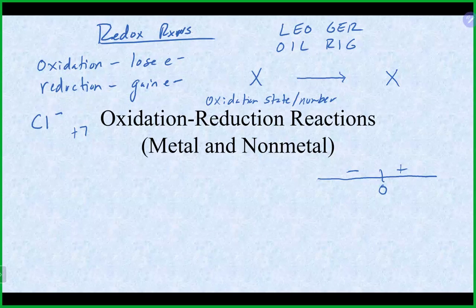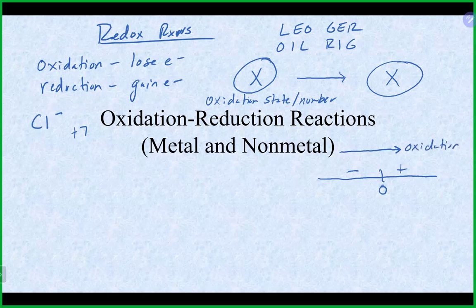So if you compare the element on the left-hand side to the element on the right-hand side, and its oxidation state becomes more positive, moving in this direction on the number line, that element is going through oxidation.